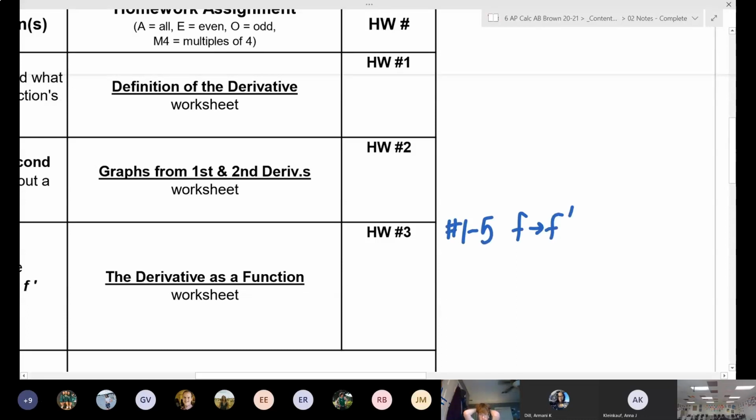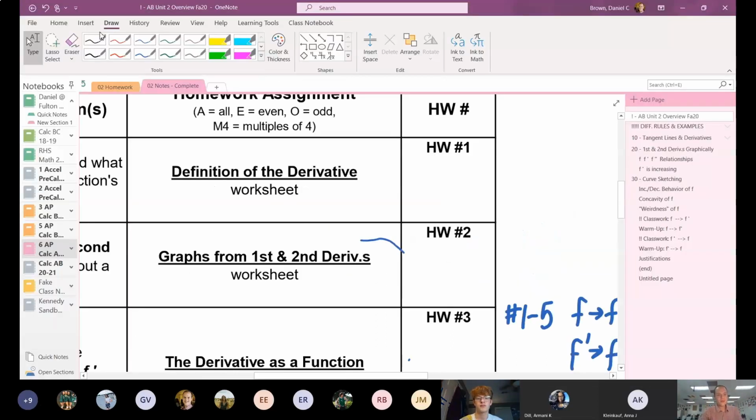Today you can do numbers 1 through 5, f prime to f, just the second column of it. The second page of that deals with justifications, and I want you to save those justifications until at least after tomorrow.